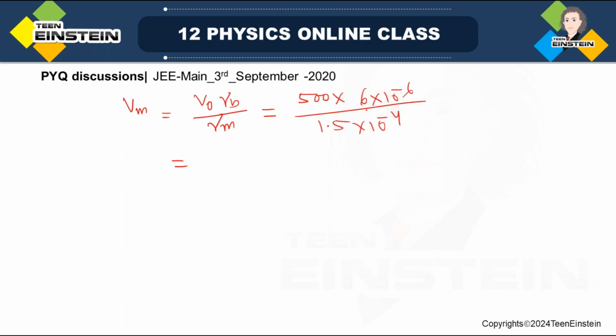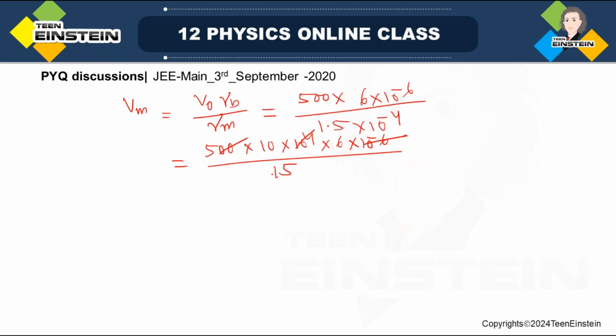Let me do the calculation. 500 into 6 into 10 to the power minus 6, and I multiply 10 to the power 4 here. These will cancel, and down there will be 15.